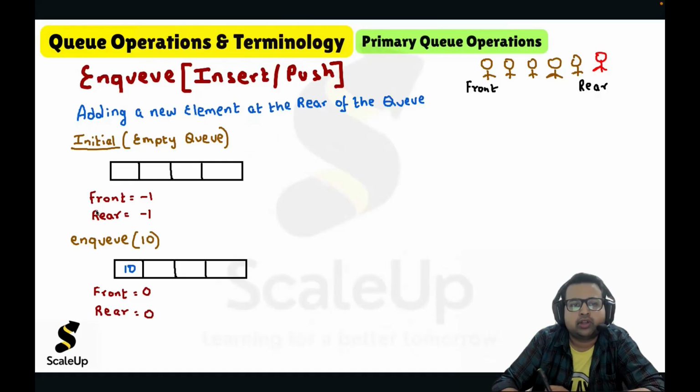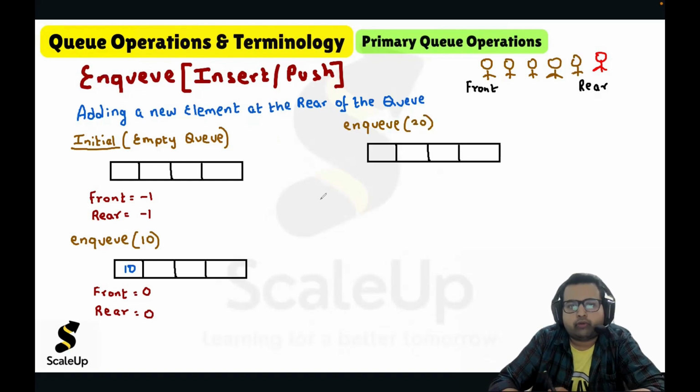Now let us perform one more NQ operation, and this time let us add 20. 10 is already in the queue. Front was pointing to position 0, and it will stay 0. Only rear will get updated.